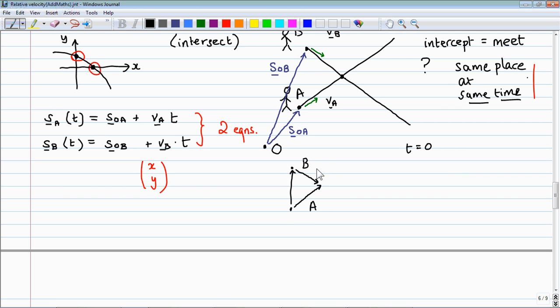And if you know the velocity of the objects A and B, the people A and B, you can then use that information to build a triangle and use either the cosine rule or the sine rule to solve the problem. Now I have to emphasize that both the textbook and in some cases the exam marking schemes focus more on that geometrical method.